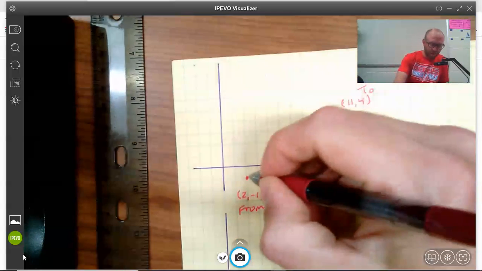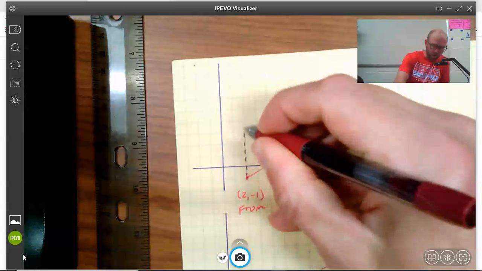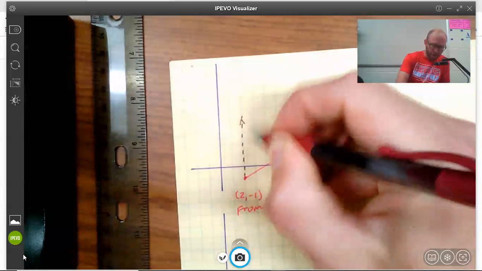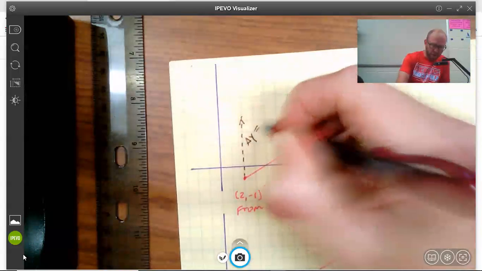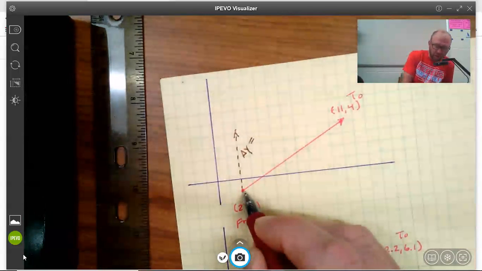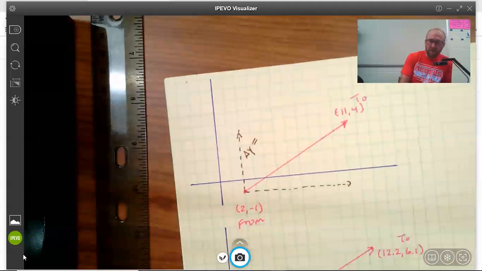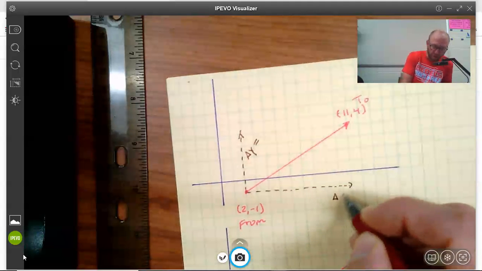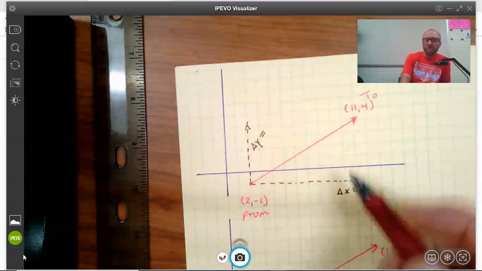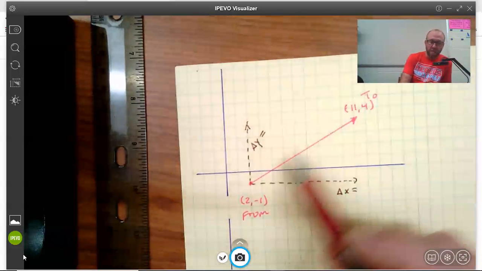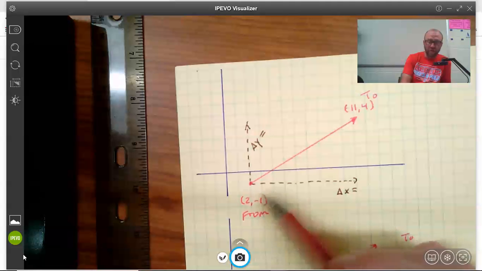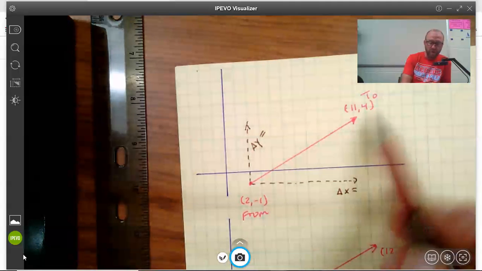All right, here's what we're looking at. If I look at my vertical change, and I look at my horizontal change as I travel from one point to the next, and remember, change is always end minus start equals change. End minus start, or to minus from.